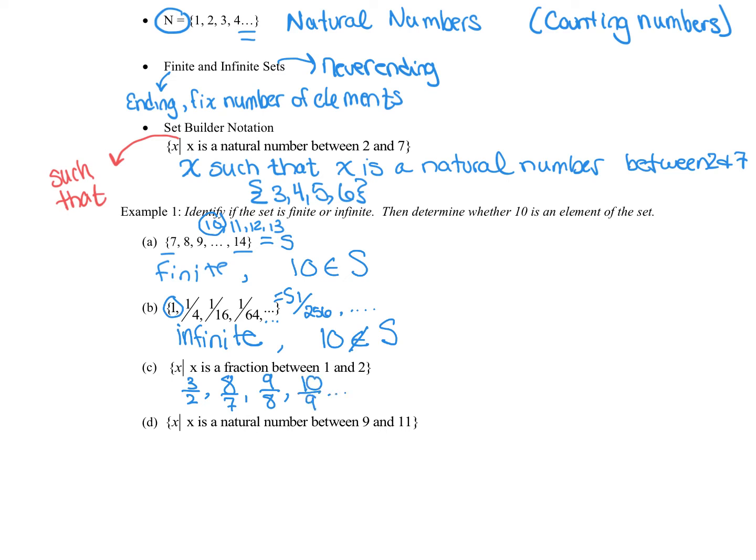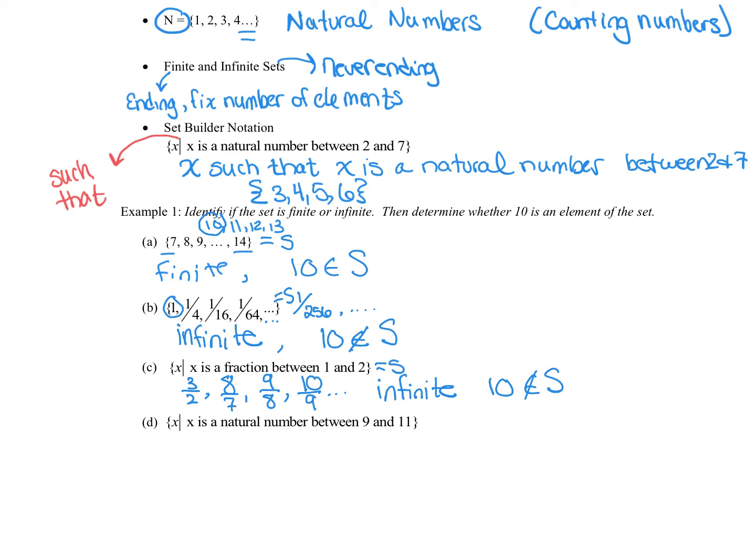And I can go forever. I can name an infinite number of fractions, getting closer to 1 or closer to 2, but there are lots and lots of them. An infinite amount, in fact. So this is infinite. And 10 is not between 1 and 2, so if I name this set S, 10 is not an element of S.